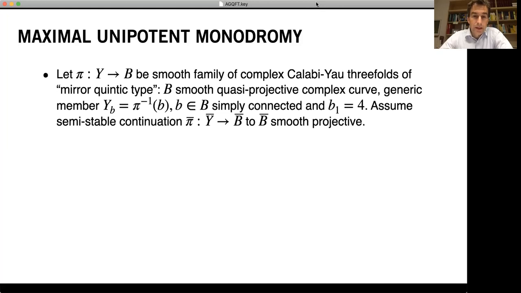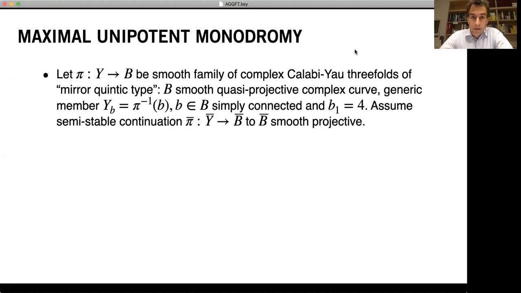So we take a family of Calabi-Yau threefolds, like the mirror quintic over B. The one thing I'm not assuming is that the number of boundary points is 3, because then the number of examples would be too small.